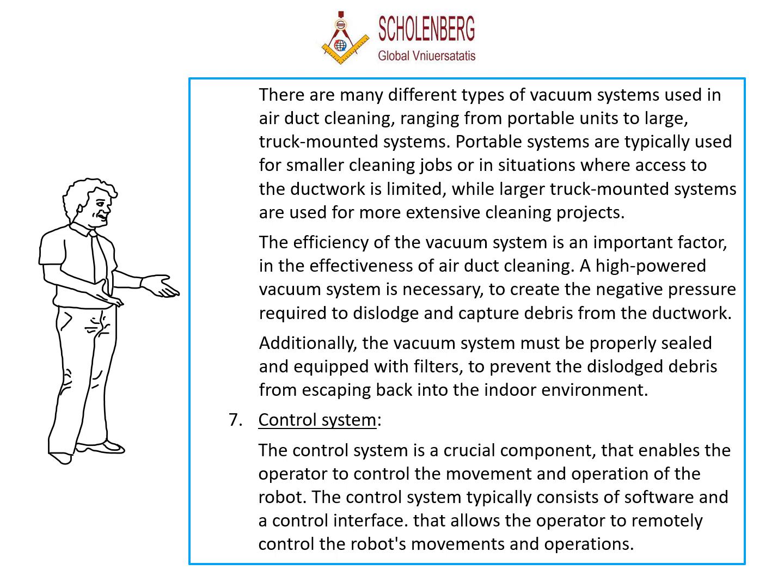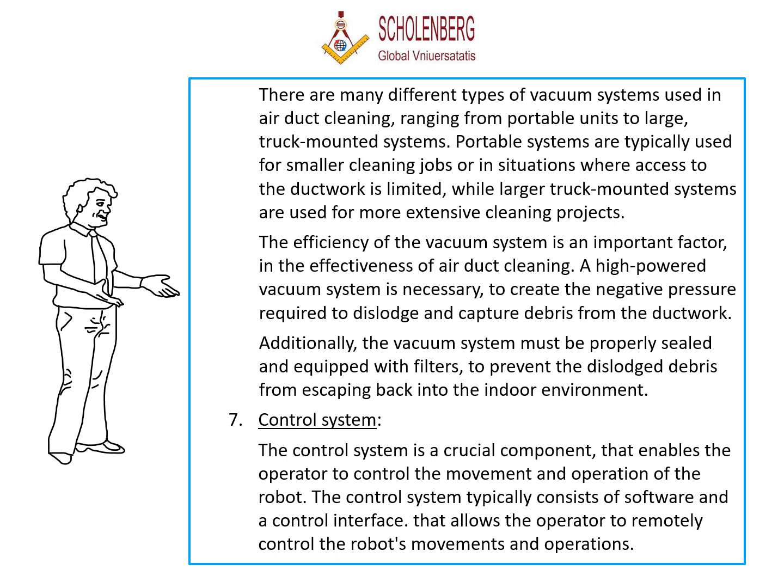The efficiency of the vacuum system is an important factor in the effectiveness of air duct cleaning. A high-powered vacuum system is necessary to create the negative pressure required to dislodge and capture debris from the ductwork. Additionally, the vacuum system must be properly sealed and equipped with filters to prevent the dislodged debris from escaping back into the indoor environment.